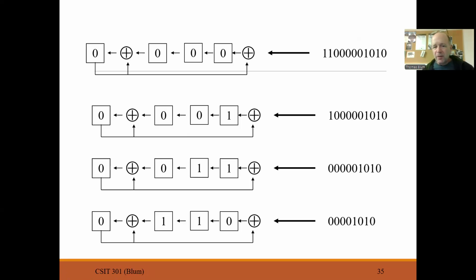The middle bits of the shift register are just simple shifts. They don't have the excluded ORs. And then we figure out the excluded OR with the leftmost bit and some one other bit. And so we just keep playing this game.